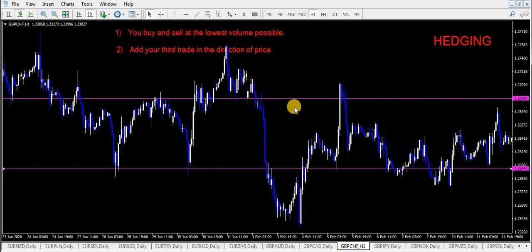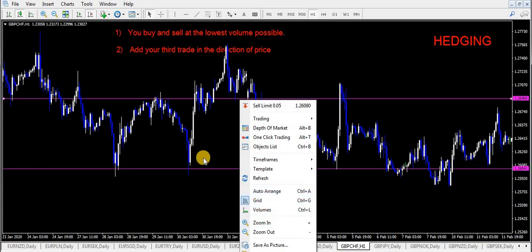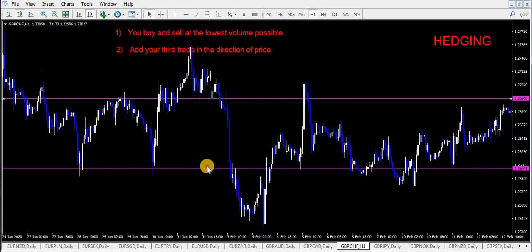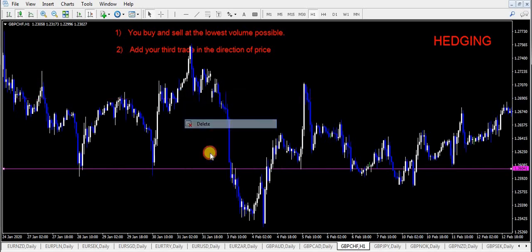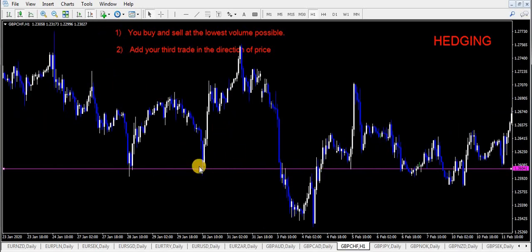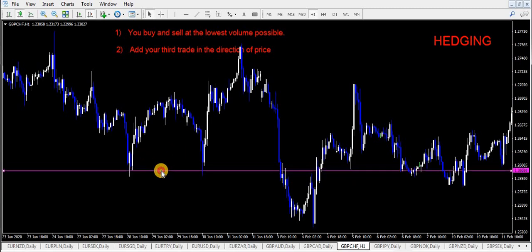Another thing I would like to tell you is to make sure that the gap between your hedging trades is very minimal. Normally, let's say this JP Swiss franc has a 2 pip spread, which is small, but you can make it smaller, maybe 1 pip or less than 1 pip.